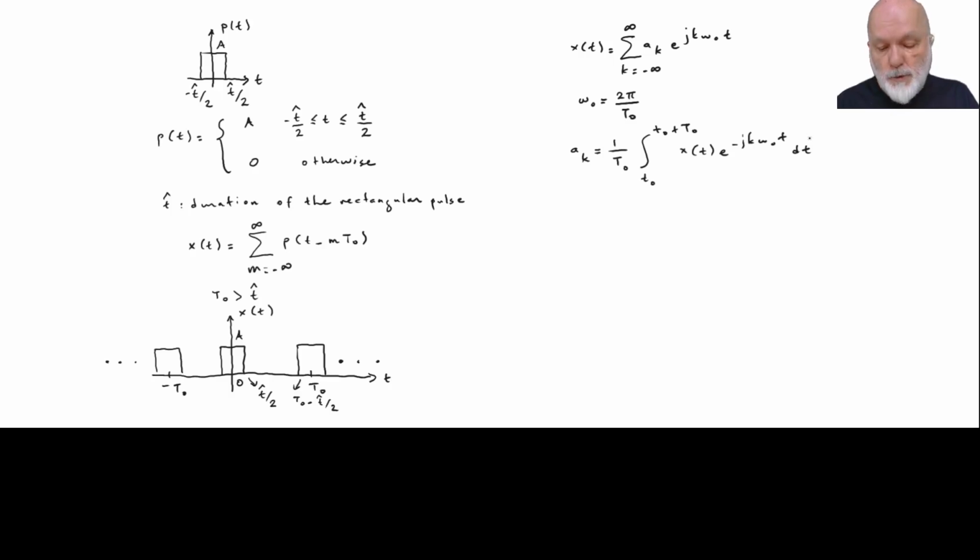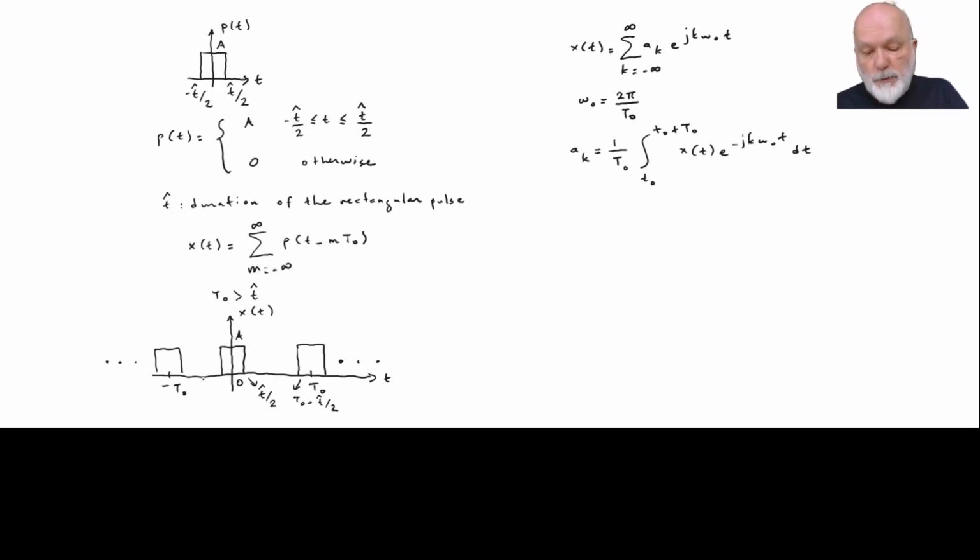Okay, how do we choose t0? Now, the most convenient choice is we can integrate from minus t0 over 2 to t0 over 2.